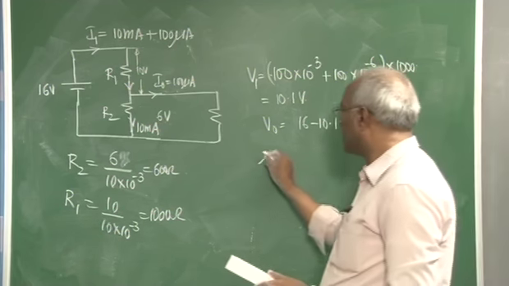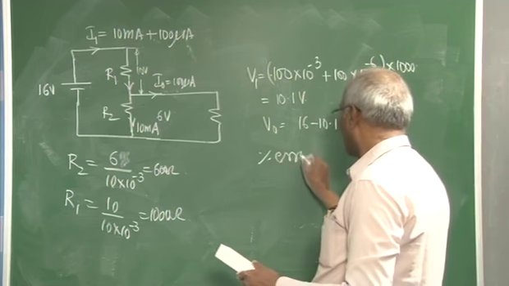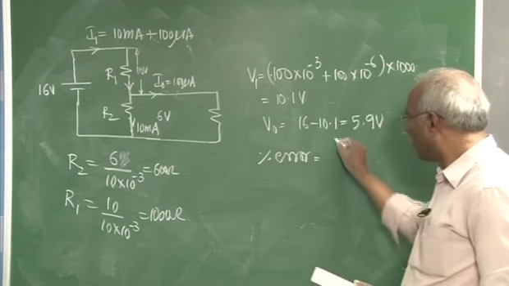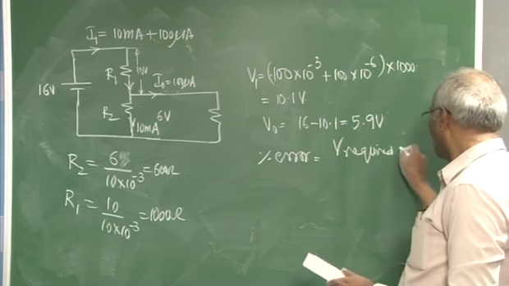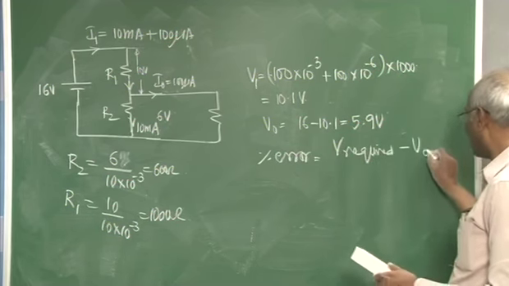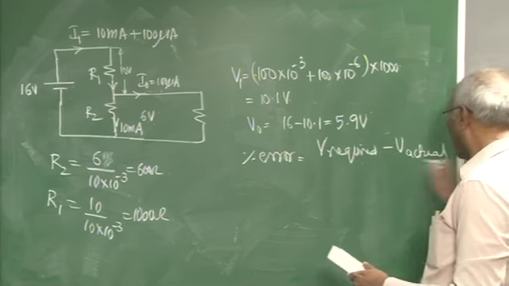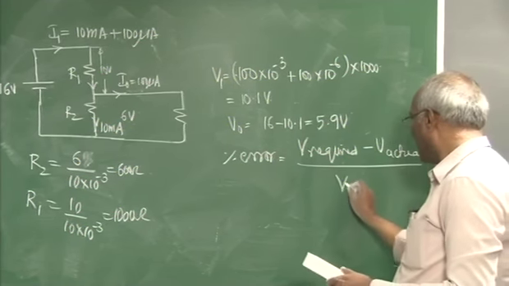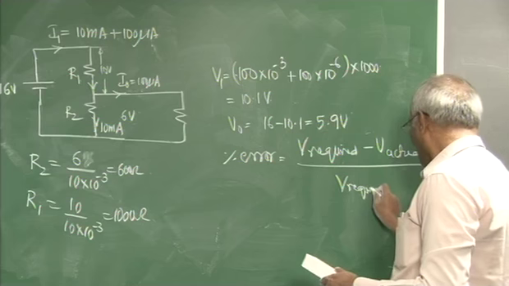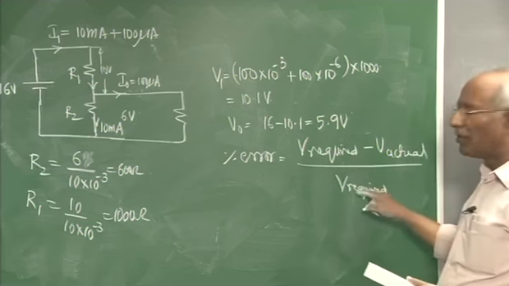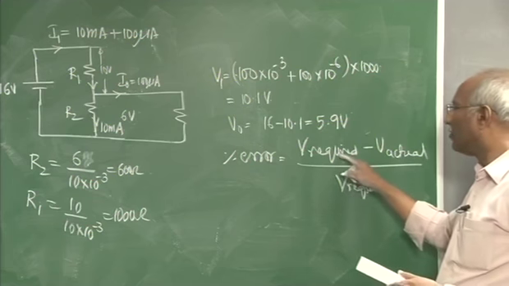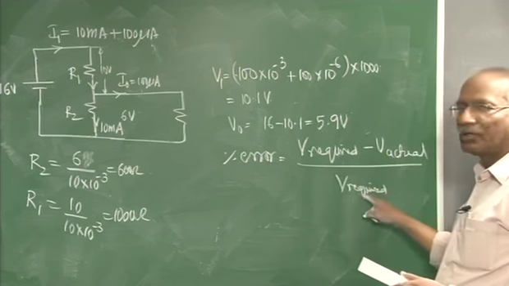Obviously, the percentage error can be taken as equal to V required minus V actual, divided by V required. There is no rule that it should be written in this way only. It can be written as V required minus V actual over V actual also.